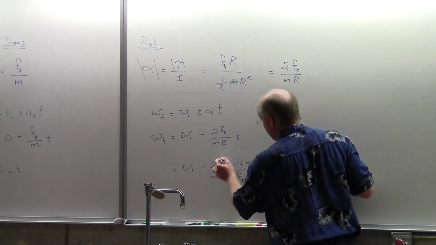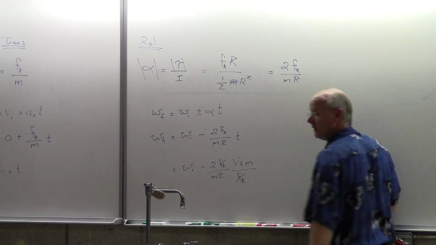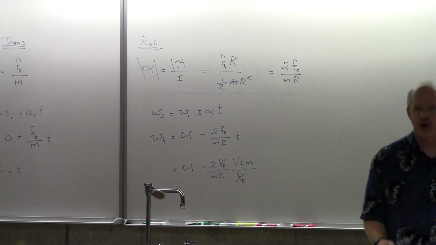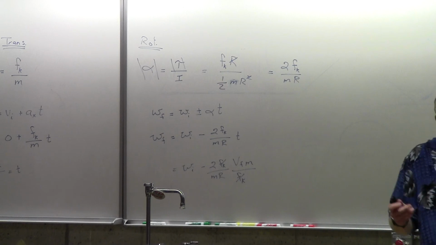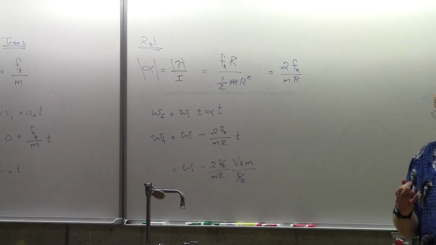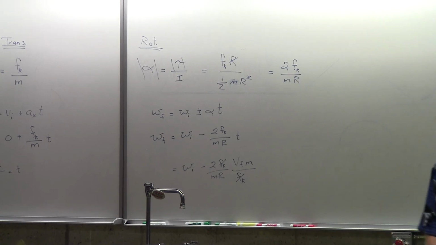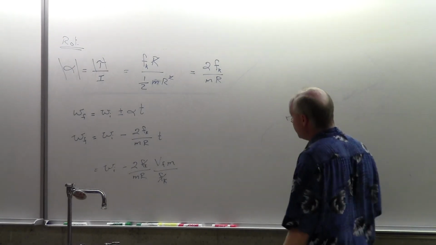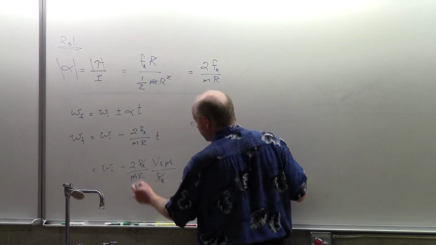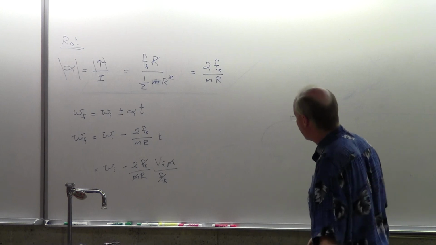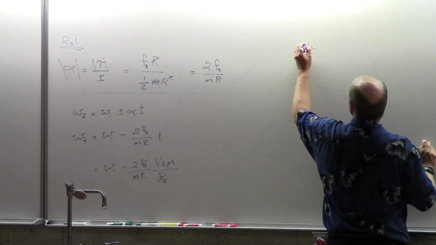And what's really nice, force of friction even goes away too. So by substituting time, which I don't know, I get a chance to subtract off friction, which I also don't know. And okay, the masses cancel off too. That's kind of nice.